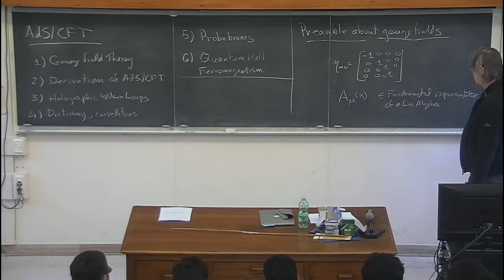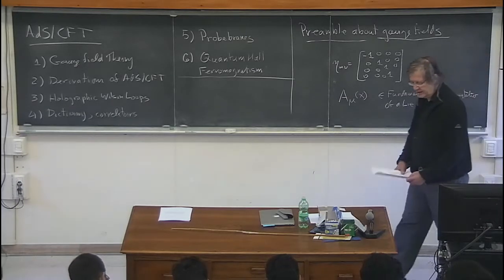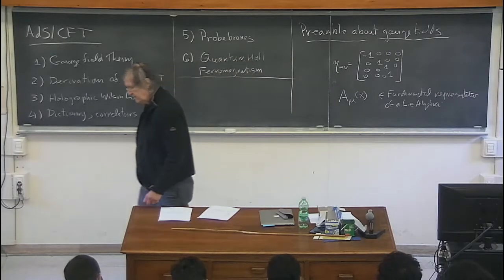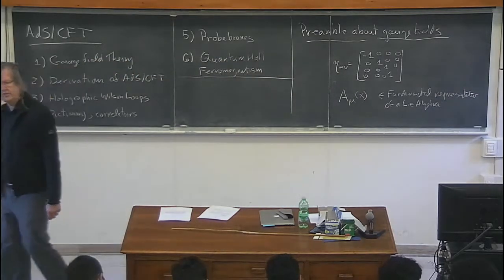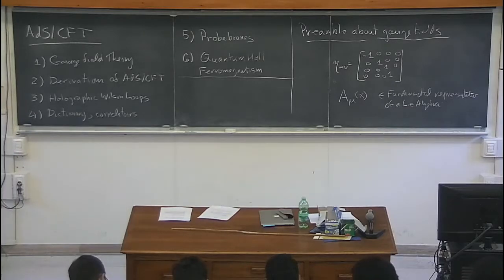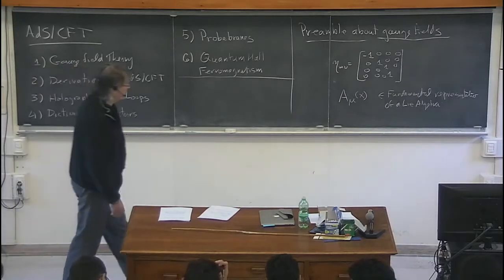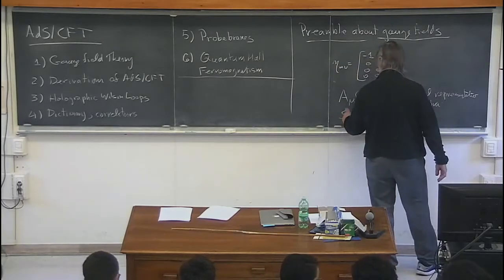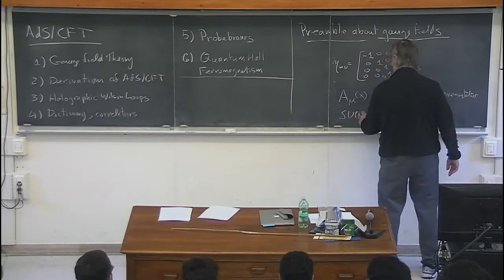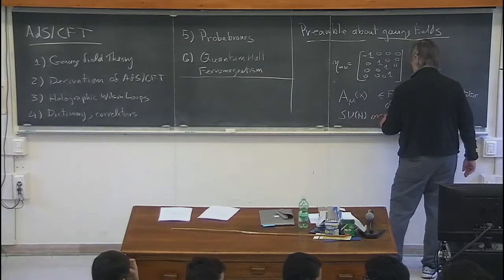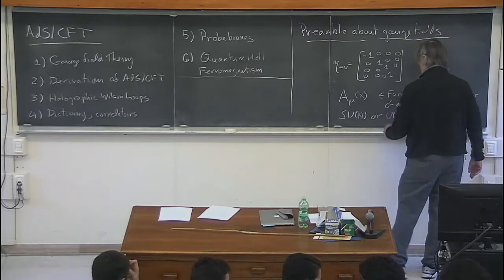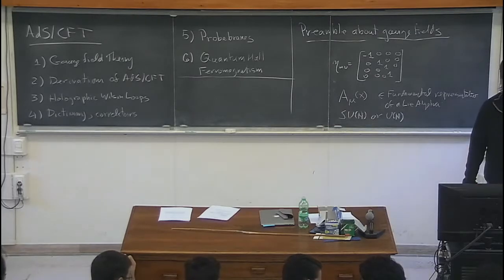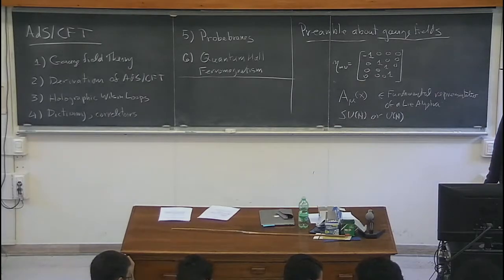And this Lie algebra should be associated with the Lie group, which we call the gauge group. And for AdS/CFT, the most important one, in fact, the only one that I'll really have anything to say about, is the Lie algebra SU(N), or U(N). And in fact, since I'll be talking about large N, there isn't much difference between the two.